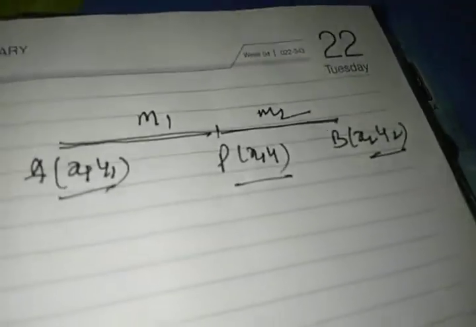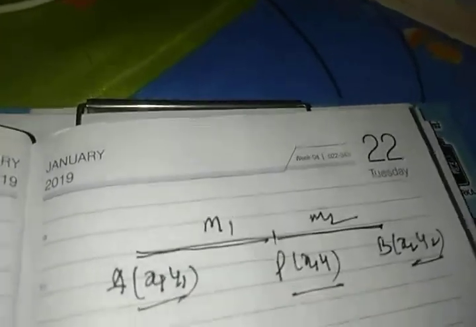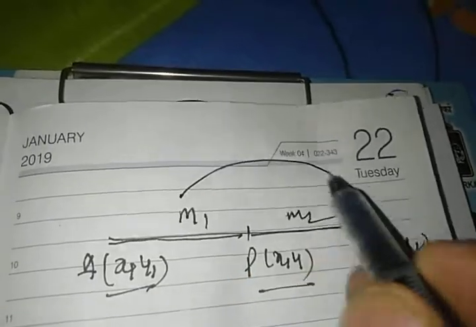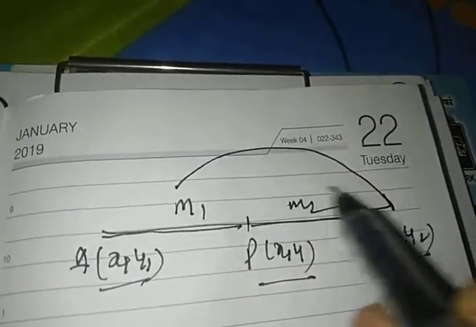For that I told you to go for the arrow method. Simply make arrows like this.